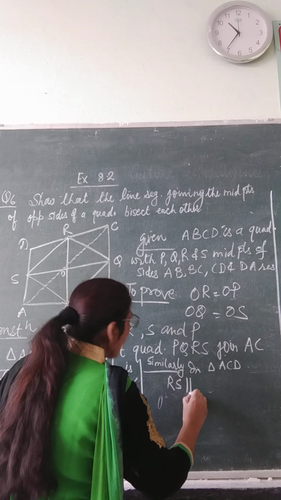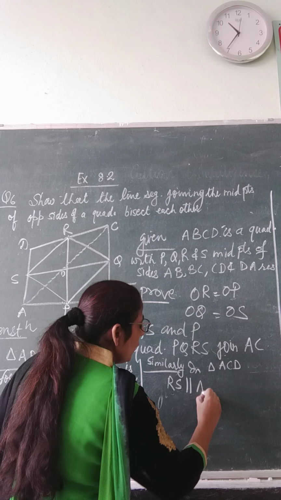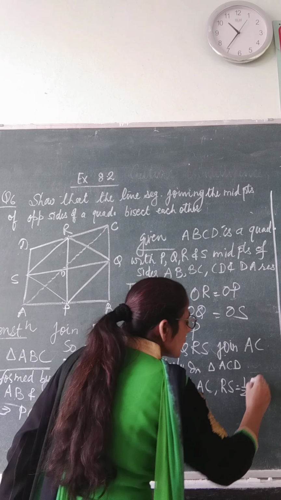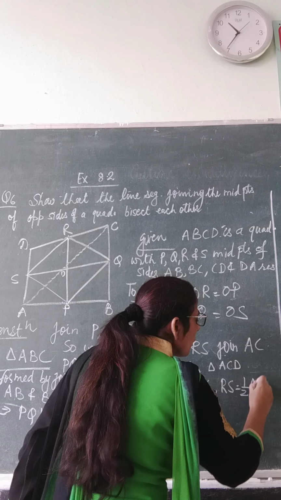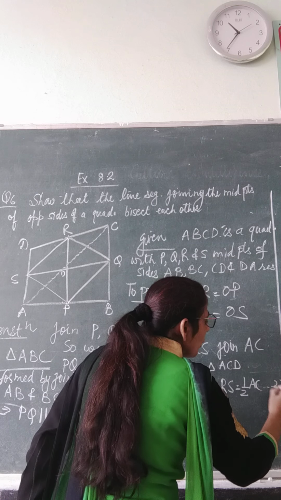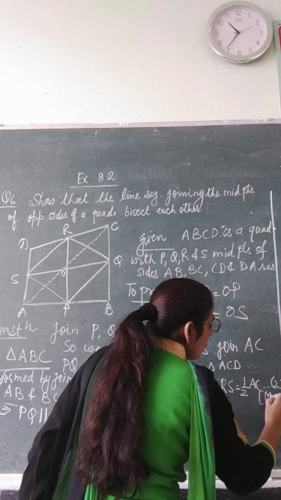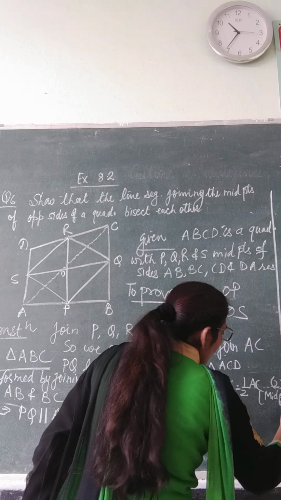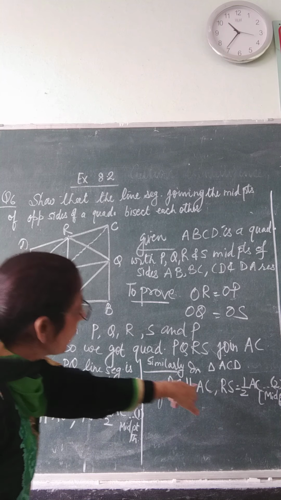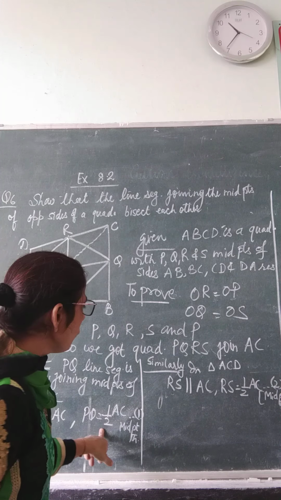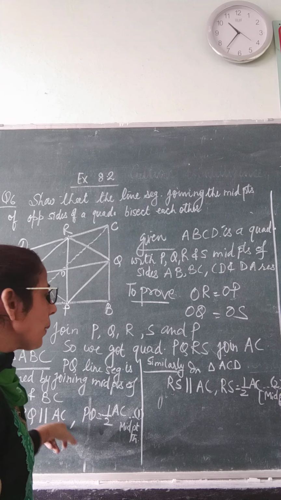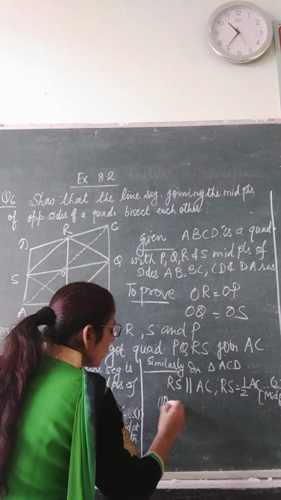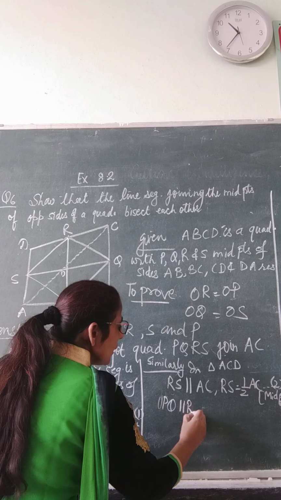RS is parallel to AC and RS is equal to half of AC, again by midpoint theorem. By 1 and 2, what we got? PQ is parallel to AC. RS is parallel to AC. Therefore, PQ is parallel to RS.